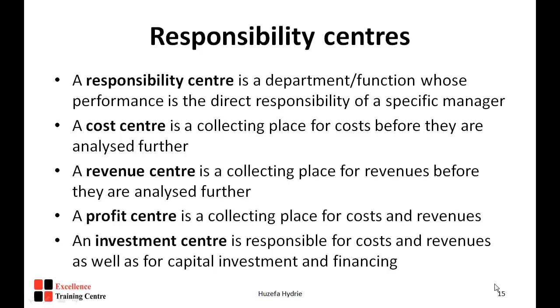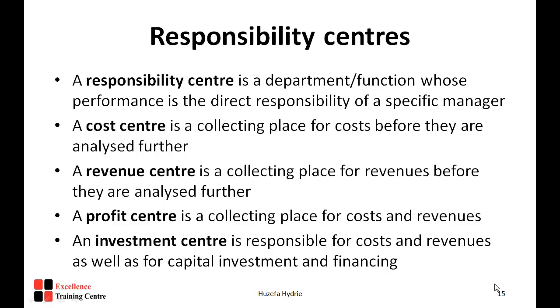For the investment center, what performance measures can we have? Return on capital employed, residual income, asset turnover, return on investment, all of these. Because when you are making a certain investment, with what view and intention are you investing?